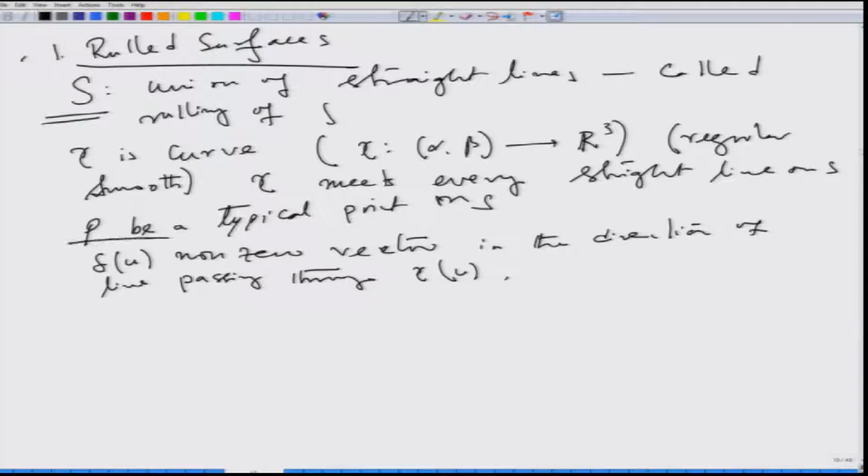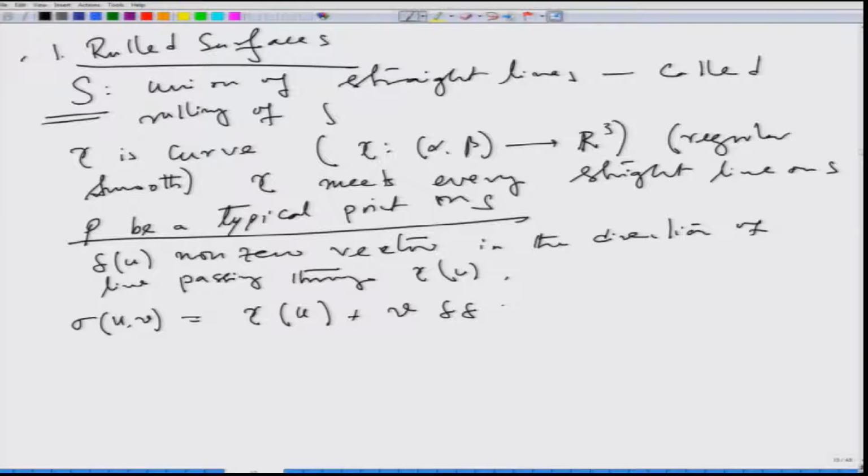Then a typical point P, if I write that parametrization, it will be sigma u v is gamma u plus v delta u.